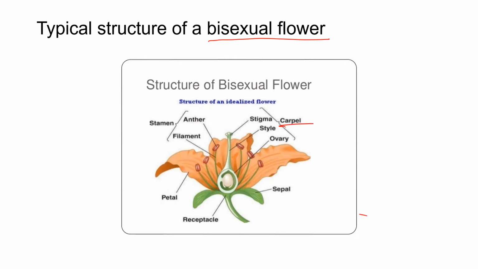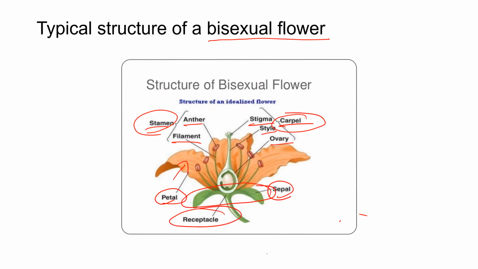Okay, so let us see. This is the carpel, and this is the stamen, which has two parts, the anther and the filament. And the carpel has three parts: stigma, style and ovary. So this is the male part and this is the female part. Now these are the petals. This green part is the sepal and this is the receptacle.